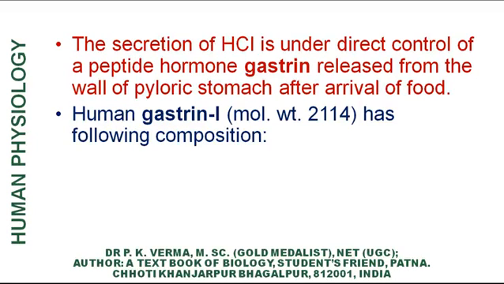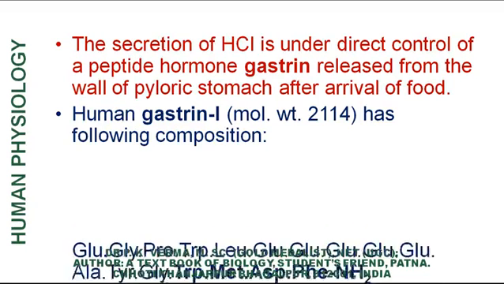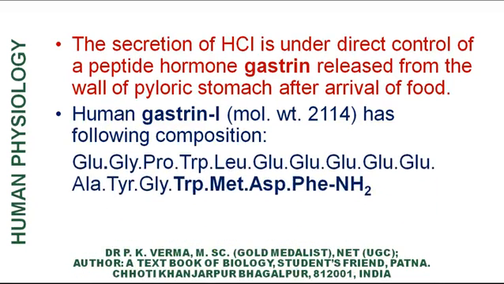Human gastrin 1 has molecular weight 2114. It has the following composition: glutamic acid, glycine, proline, tryptophan, leucine, glutamic acid, glutamic acid, glutamic acid, glutamic acid, glutamic acid, alanine, tyrosine, glycine, tryptophan, methionine, aspartic acid, and phenylalanine.